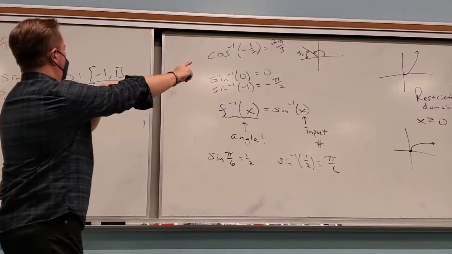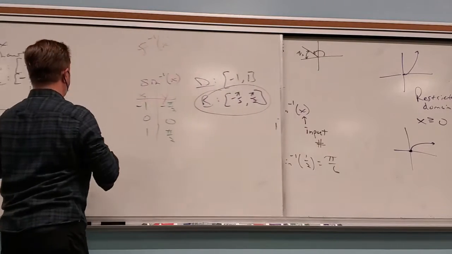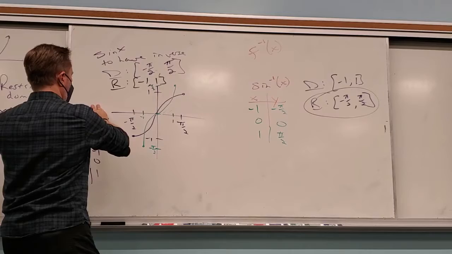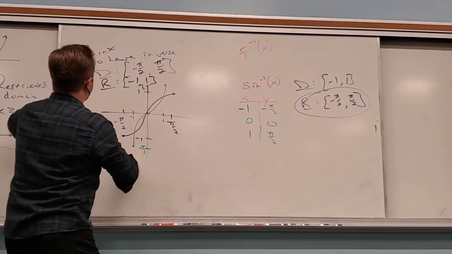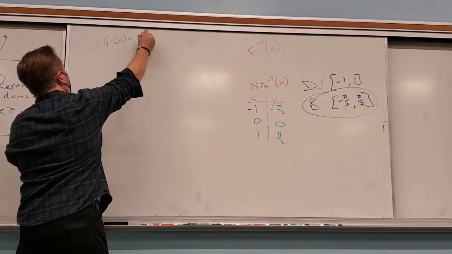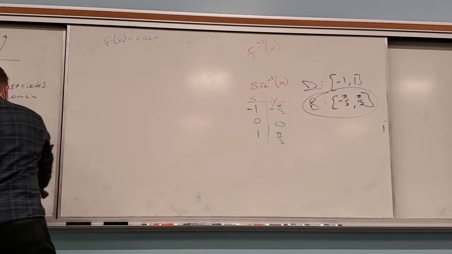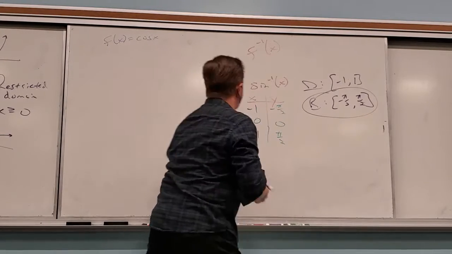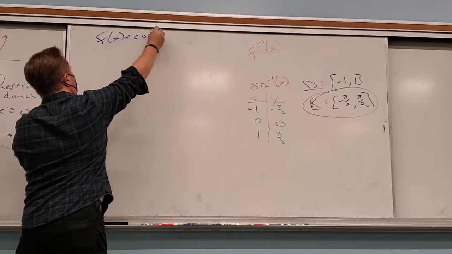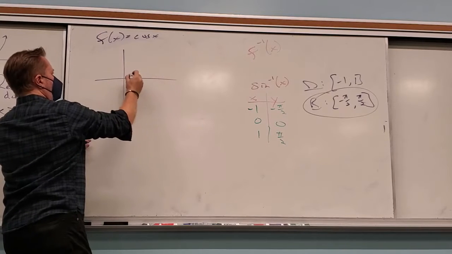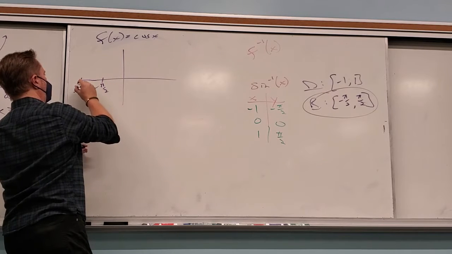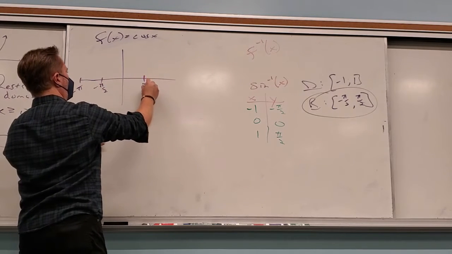So, let's look at cosine. So f of x, cosine x. Very quickly, if I graph this on the same kind of thing, we'll see what's going on here.